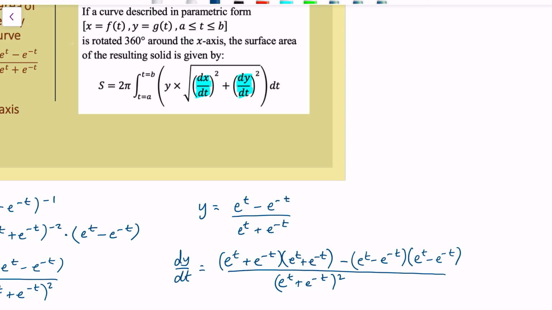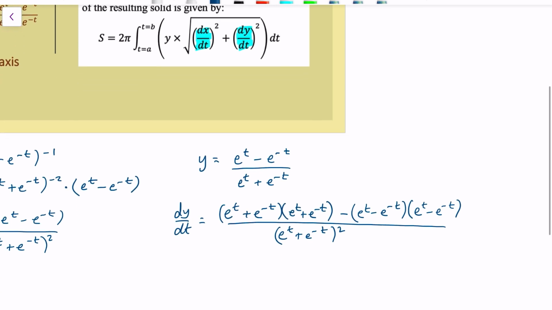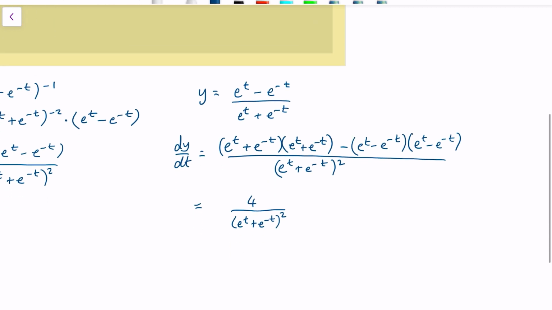There is some cancellation when we expand things, and I'll leave that for you to check, but when we simplify, it comes out to be 4 over (e to the t plus e to the minus t) all squared. So expanding out those brackets, things do cancel.